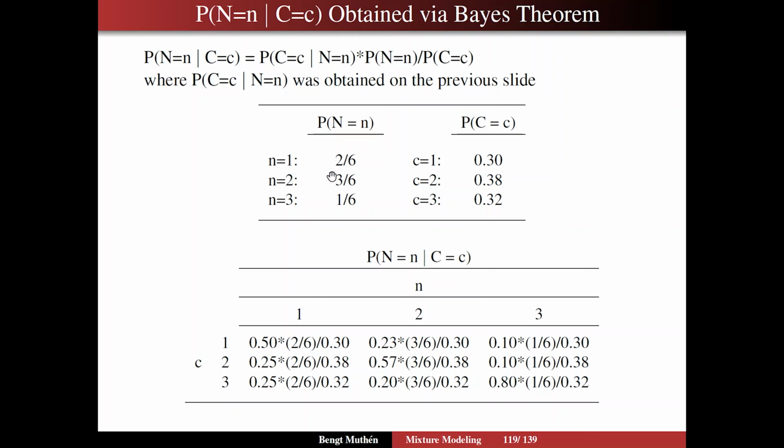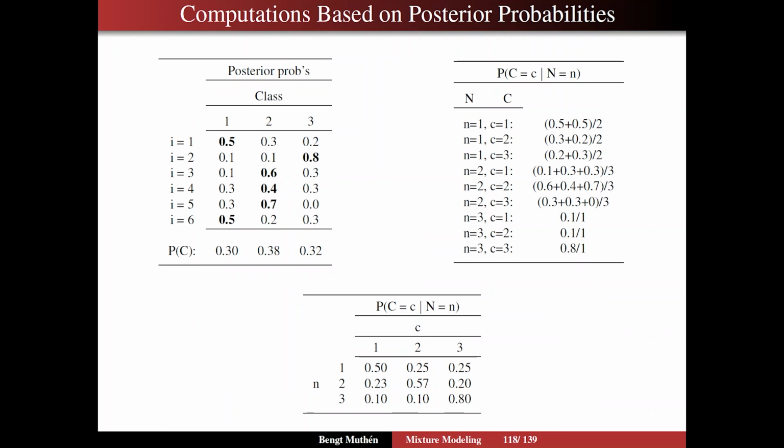So you recognize the 2 divided by 6 and 0.30 here. And these values, 0.5, 0.25, 0.25, they come from the first row of the table on the previous slide. So rows and columns are transposed.